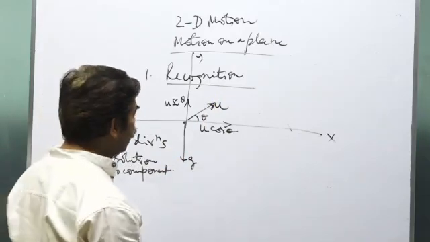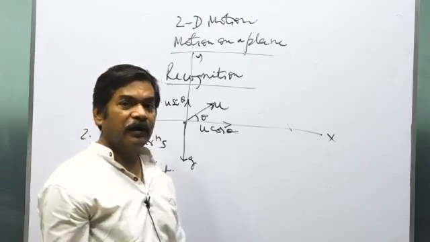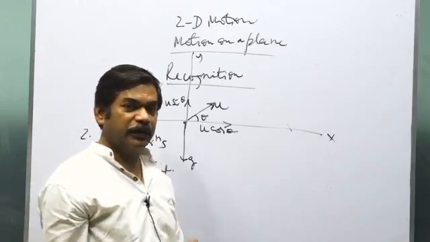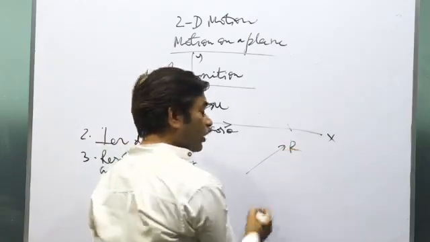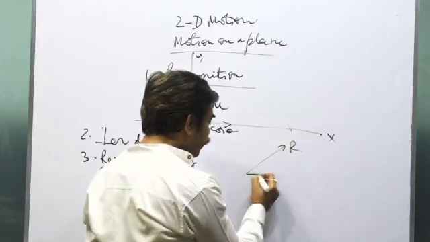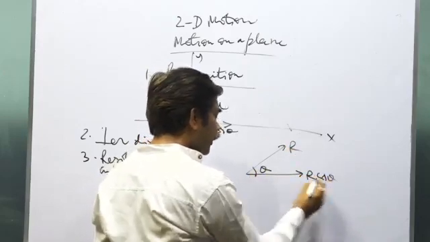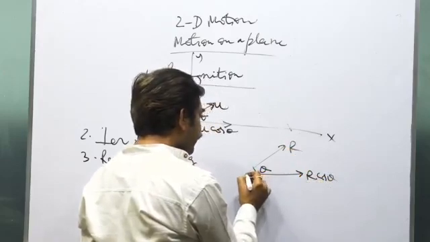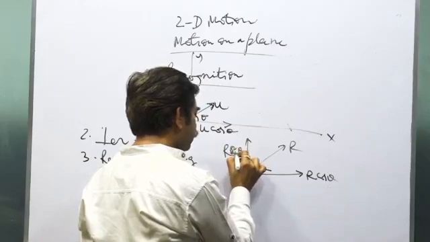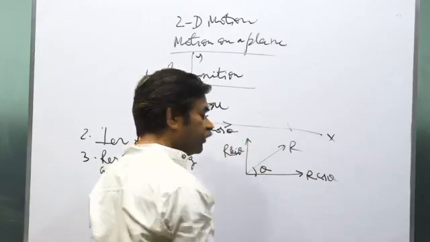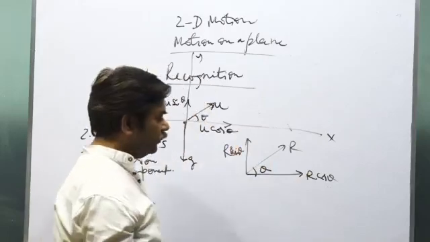Now why have we resolved into mutually perpendicular components? Let me tell you the basic concept. Suppose you have a vector r. Its component in a direction making an angle theta from it is r cos theta, and in the direction perpendicular to it is r sin theta.